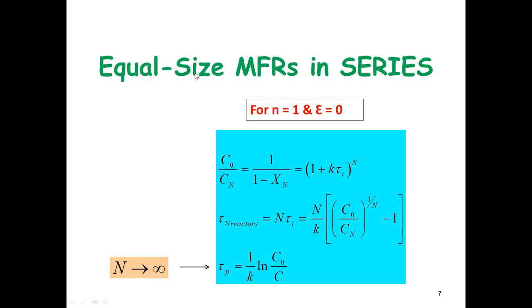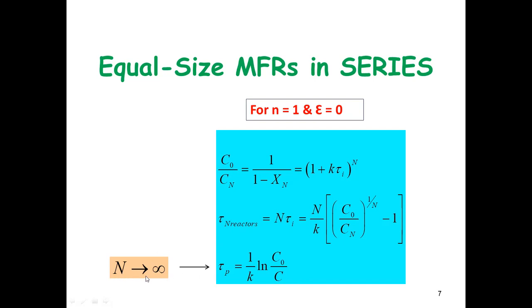Now, if this particular number of equal sized MFRs is increased, the behavior of such MFRs in series when they are already very large, or you have an infinite number of equal MFRs in series, is comparable to that of the plug flow reactor.